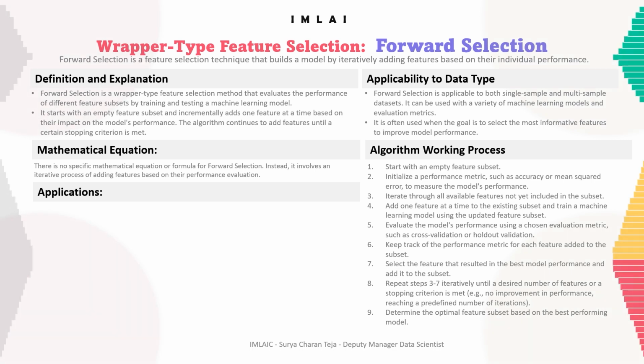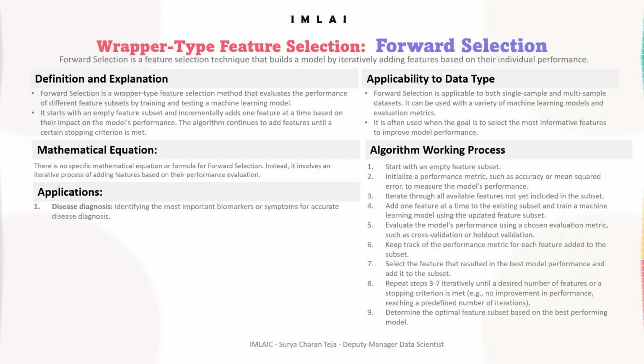Some applications of forward selection include, let's begin with disease diagnosis, identifying the most important biomarkers or symptoms for accurate disease diagnosis. Then image recognition, very important: selecting the relevant visual features for object recognition or image classification tasks.